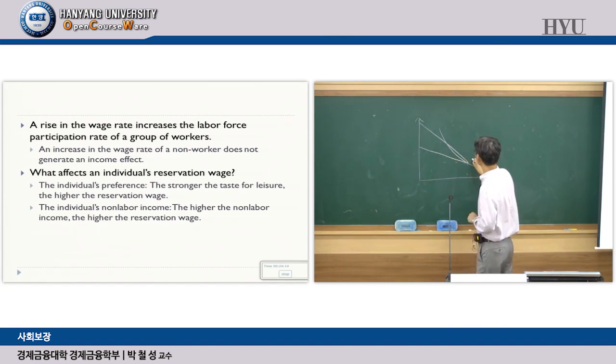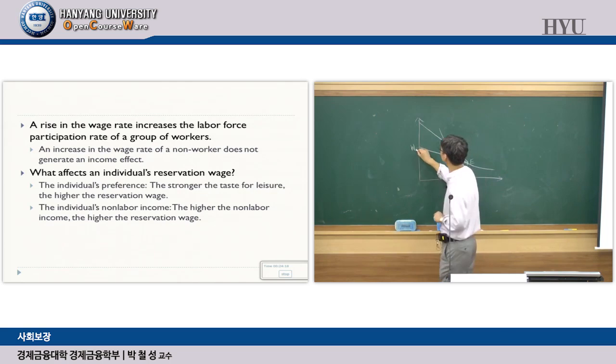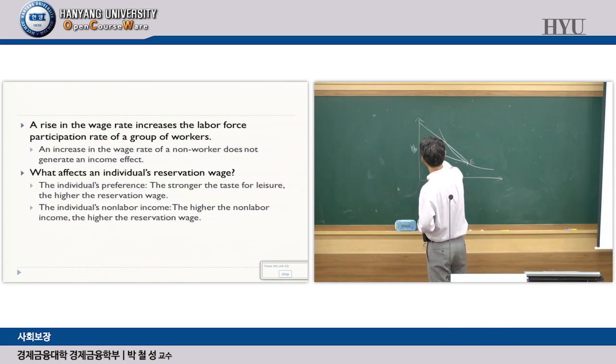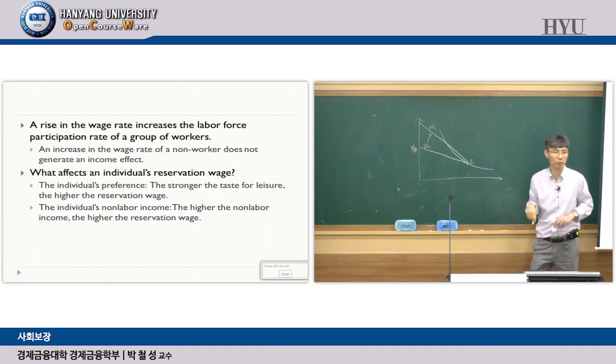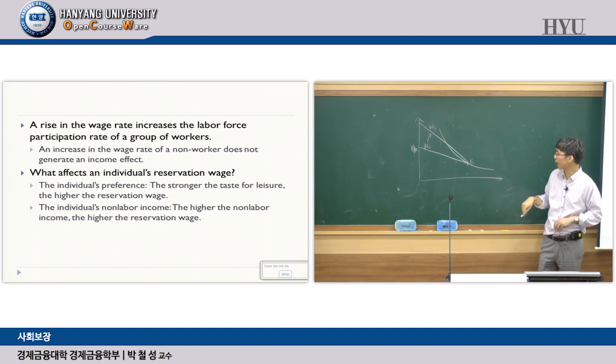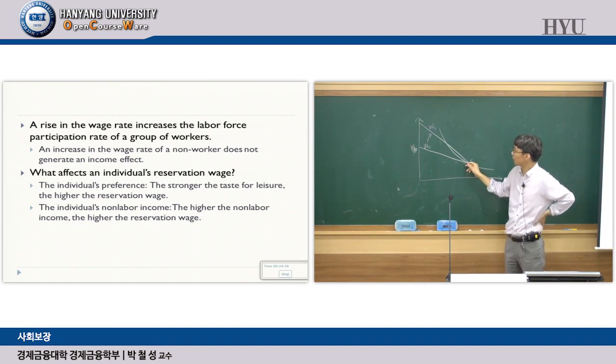Let's say the wage rate goes up from W0 to W1. Then we can ask whether this person is going to increase or decrease working hours. Wage goes up, so what should happen?